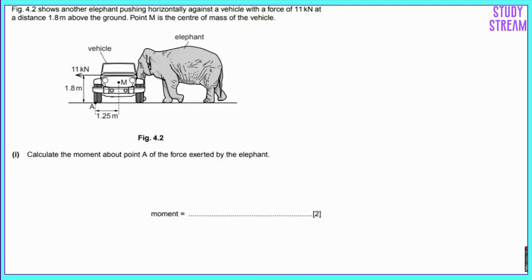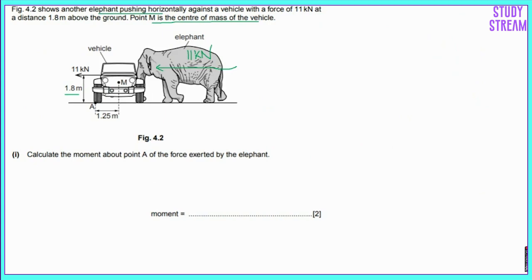Now the same diagram from this angle here, we have an elephant pushing horizontally against a vehicle with a force of 11 kilonewton. The distance from the ground is given as 1.8 meters. Point M is the center of mass for the vehicle. They want us to calculate the moment about point A exerted by the elephant here.